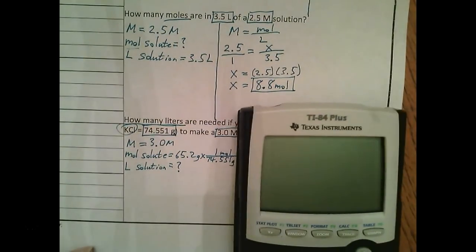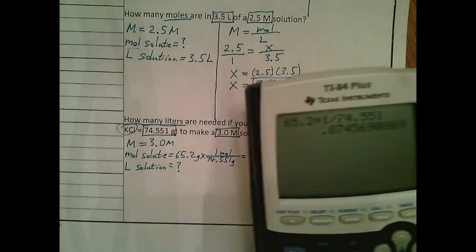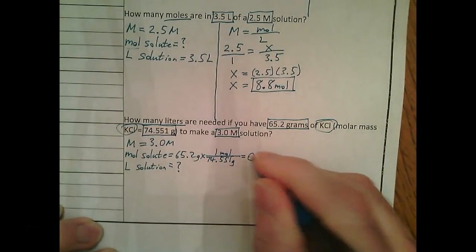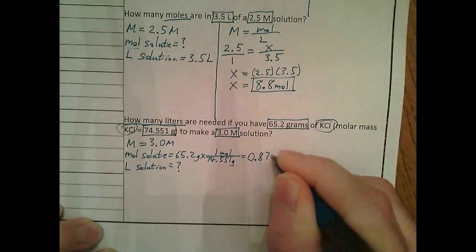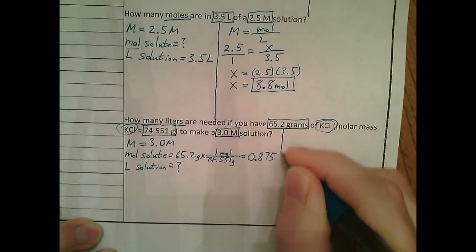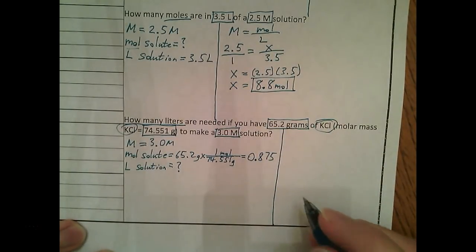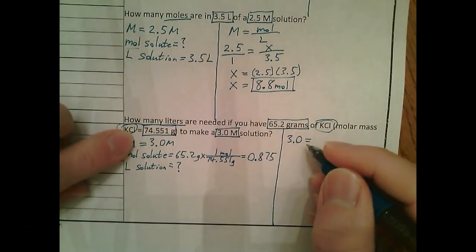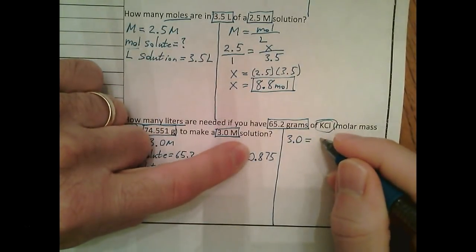So 65.2 times 1 over 74.551. I get 0.875. All right, we want to set up our equation. Molarity equals moles.